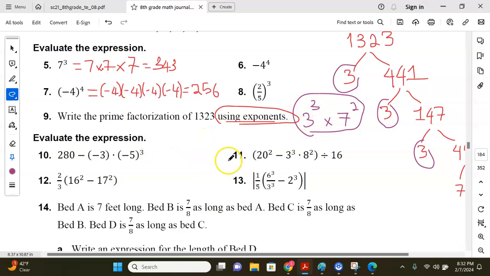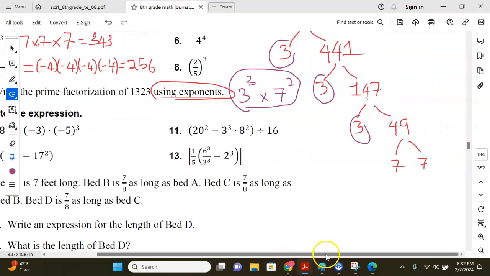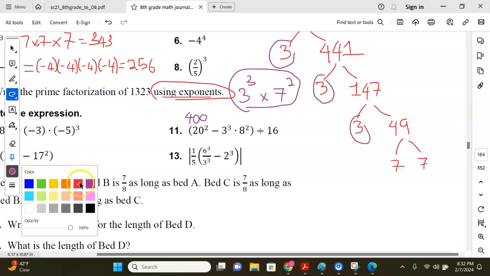All right, number 11. I think I did 11 and 13 in class already, but let's do that again. But I'm going to speed things up a little bit here, okay guys? Everything inside parentheses, let's do that first. So 20 squared is going to give me 400. 20 times 20 is going to be 400, okay?